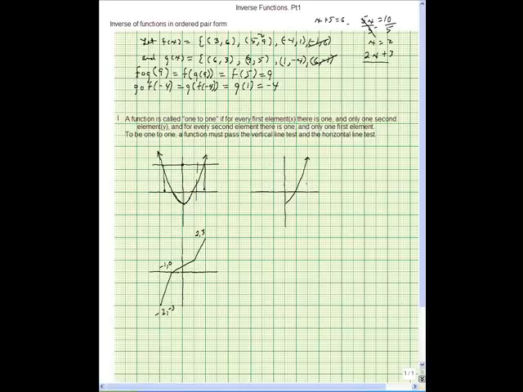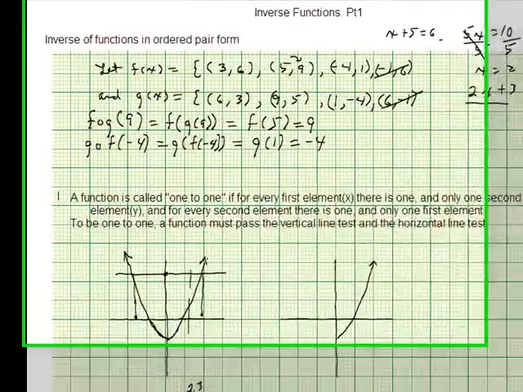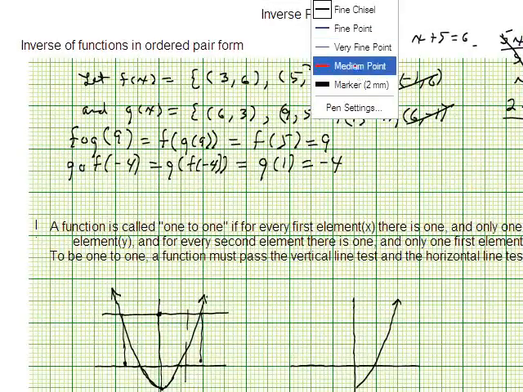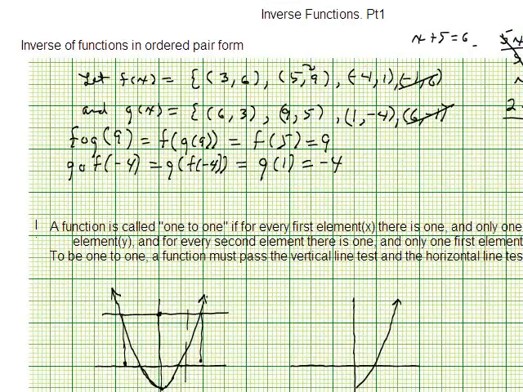Now, down here I have a graph of a function. How would I graph its inverse? Well, I've marked some key points on the function, and I'm going to reverse their coordinates just like I did up at the top to get an inverse. I'm going to do this in a different color to keep it separate. Instead of 2, 3, the point on the inverse function would be 3, 2.